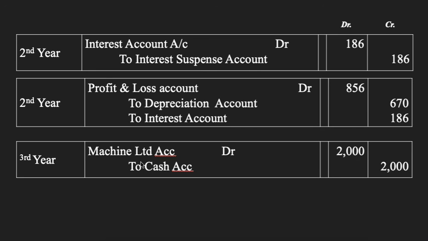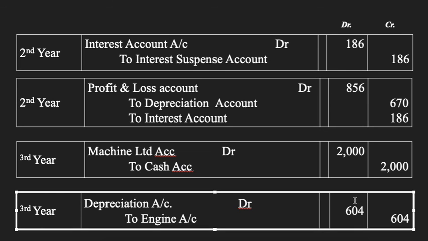Then in the third year, depreciation is provided on the asset: depreciation account debit to engine account, and the amount, which we have calculated, is 604 rupees.